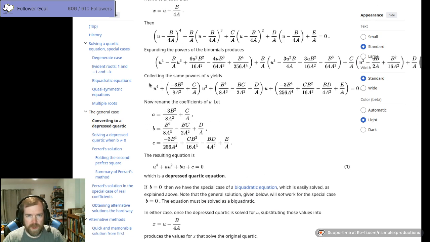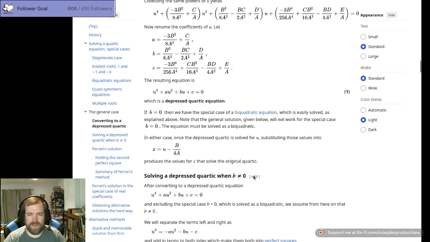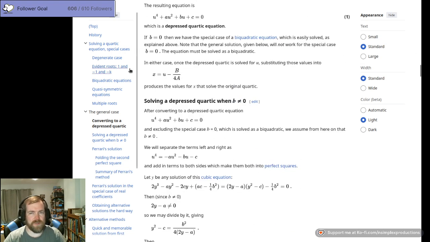Expanding binomial powers and collecting the same powers of u ends up with a u to the fourth plus u squared term plus a u term plus a constant term. So we drop out the u cubed term, and then we let all of these coefficients a, b, c result in this equation here. Yikes. Then using that, you use some of the same results that you had for other types of stuff before.